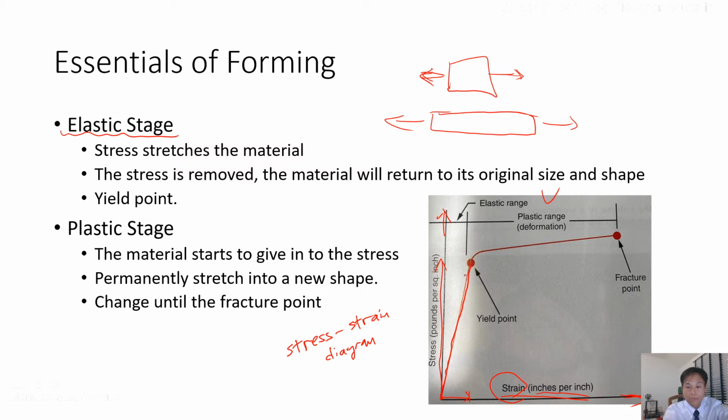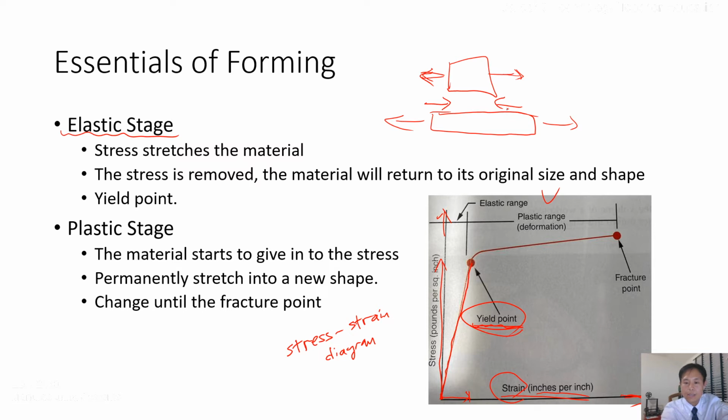That's what this graph says. But at some point, the change stops. Not stops, but this is a certain point, and that is the yield point. Yield point means that when we stretch this object and then remove the stress, it tends to come back to the original shape.